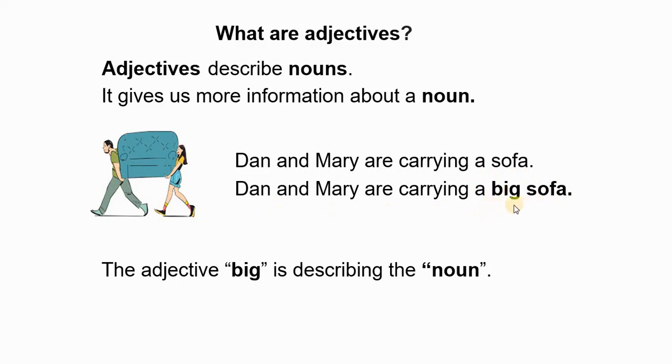So, big is the adjective. It describes a sofa. Alright? The adjective big is describing the noun sofa. It gives us more information about it.